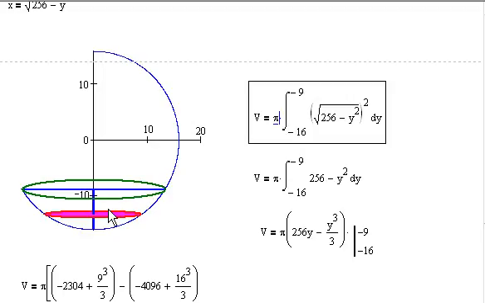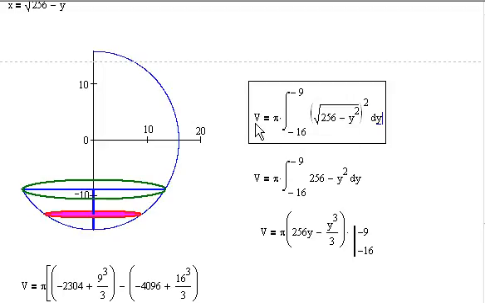Of course, I take a sample disk, and the disk's volume is pi times the radius squared, where the radius is a function of y, x equals the square root of 256 minus y squared, but then we want to square that radius, times the thickness of the disk, which is dy.